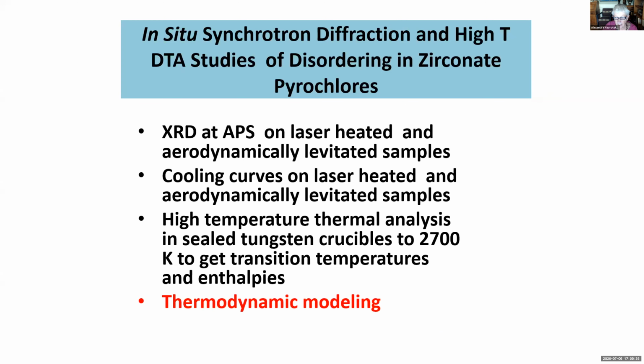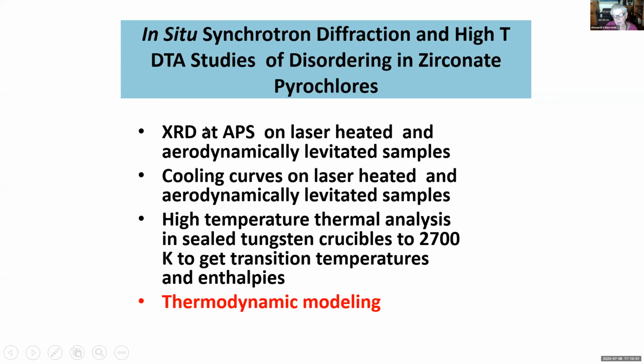So how have we studied the pyrochlores? We have a combination of structural and thermodynamic studies. X-ray diffraction, particularly using synchrotron X-rays, for example at the Advanced Photon Source, where they have laser heating and aerodynamic levitation, which I will come back to.